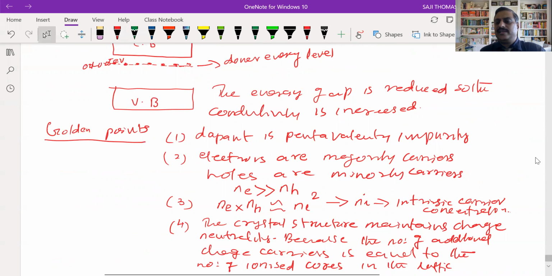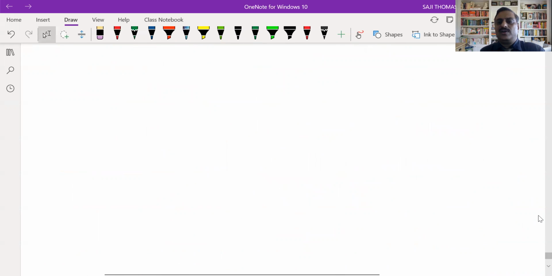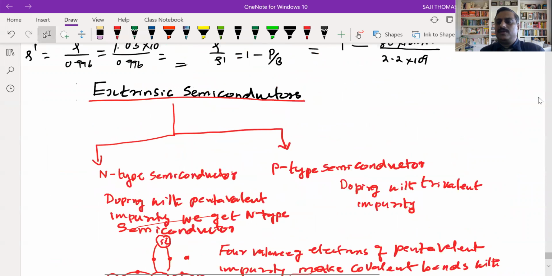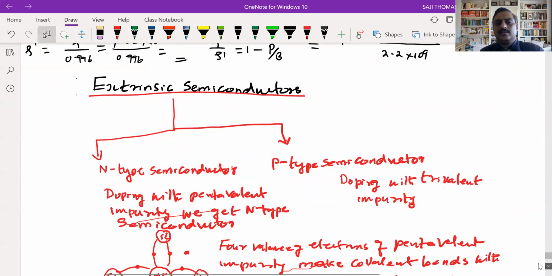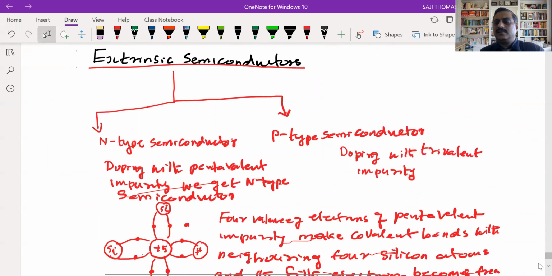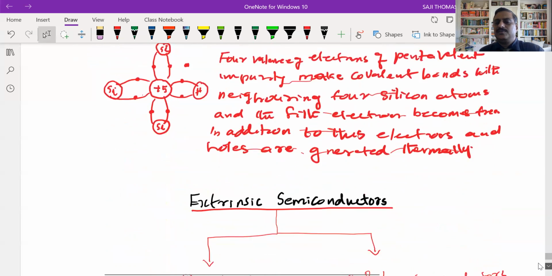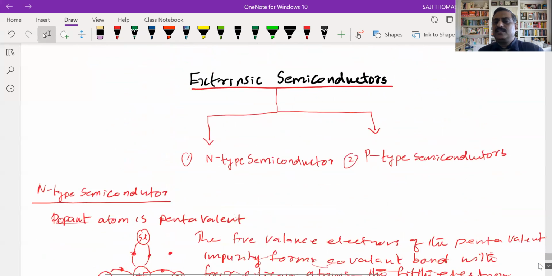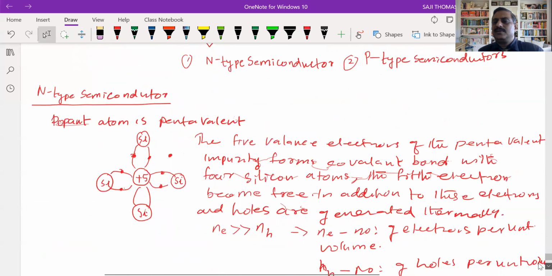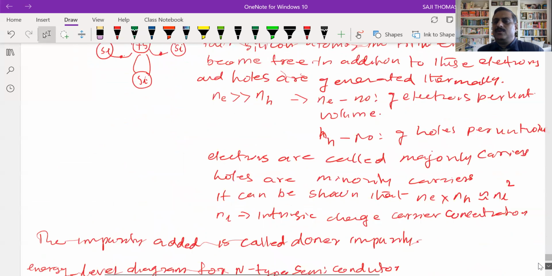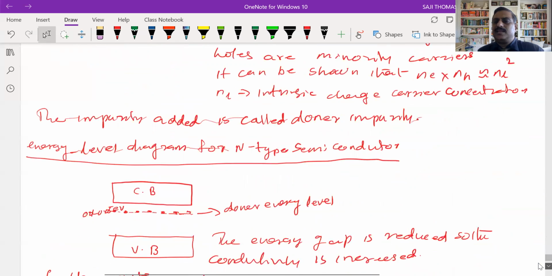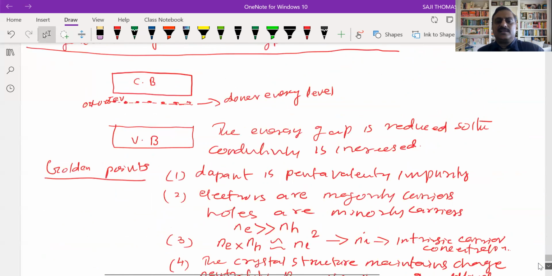So this is about P-type semiconductor. What are the important points to remember? Such points are called golden points. First, the impurity is trivalent.